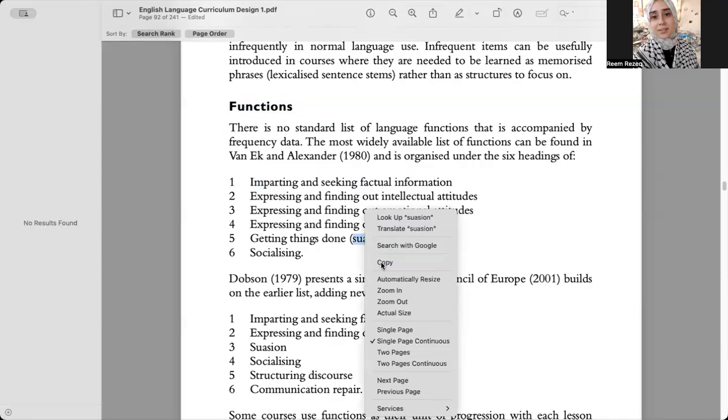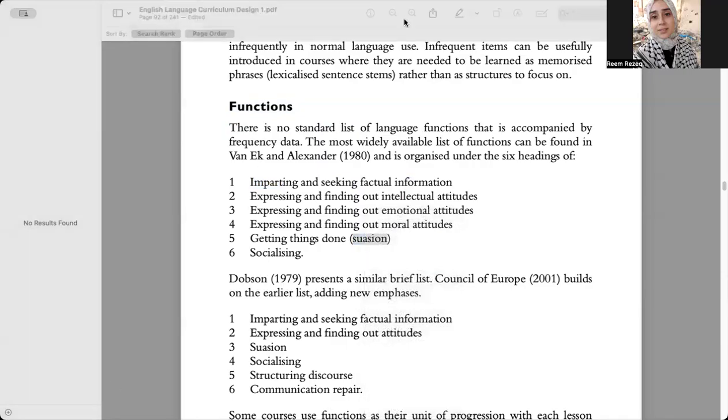So let's see here the word. This is the meaning of this word: suasion. It means that we are going to persuade.